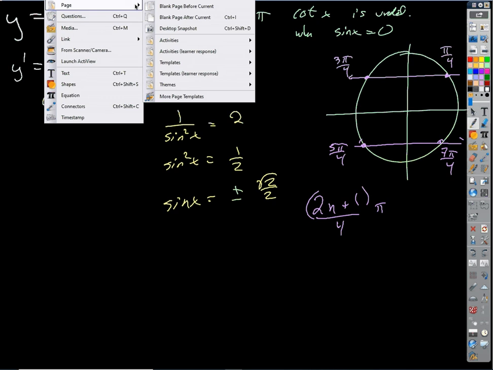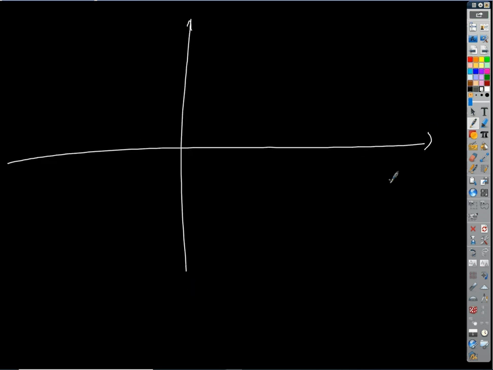If we were going to graph cotangent, what's it look like? If this is the xy-plane, let's go by pi fourths. So there's pi fourths, pi halves, 3/4 pi, pi, negative pi fourths, negative pi halves, negative 3/4 pi.